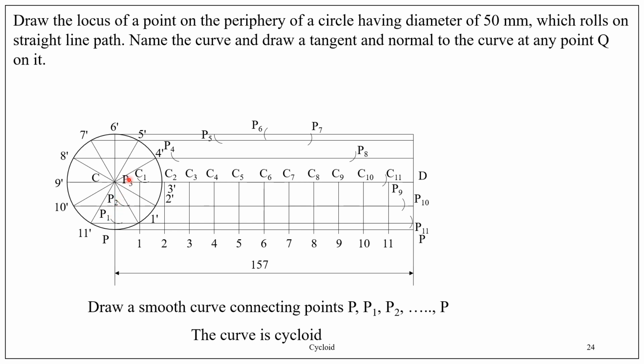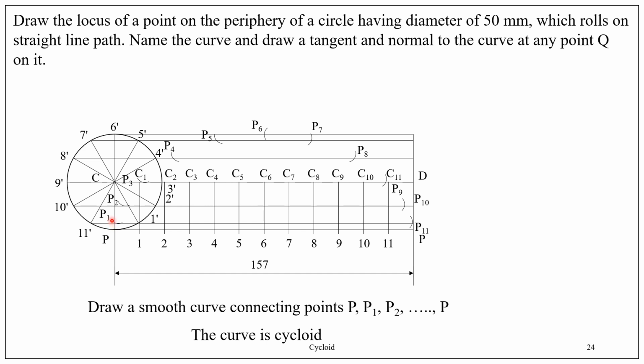P1, P2, P3 up to P11 are the positions of point P at different angles. What is the angle? We have divided the circle into 12 equal parts. Therefore, each sector has an angle of 30 degrees. When the circle is rotated through 30 degrees, point P moves to P1.